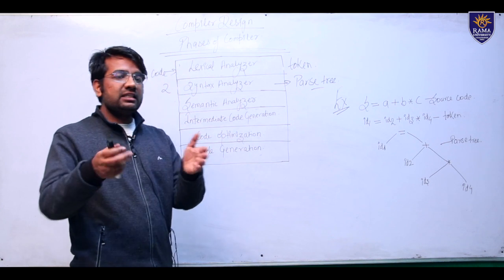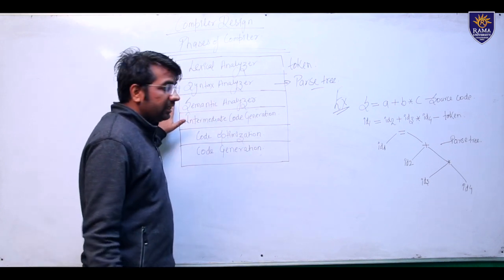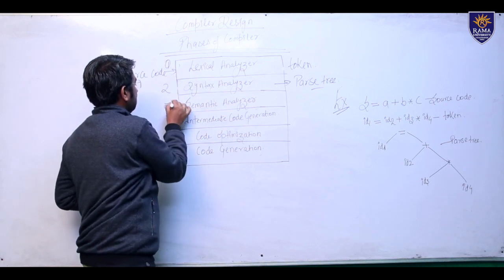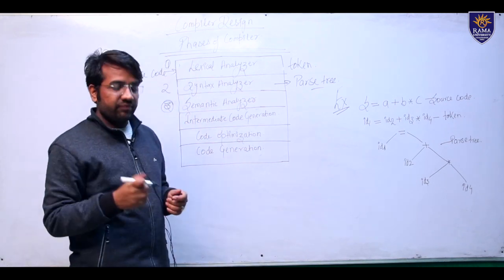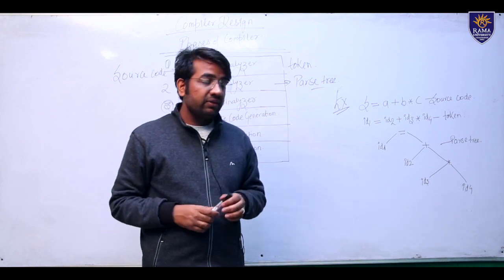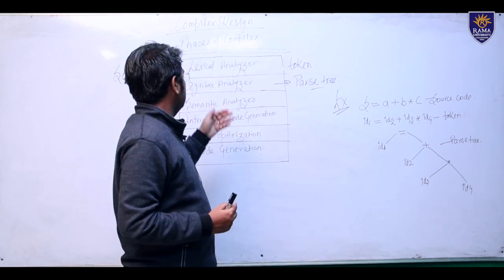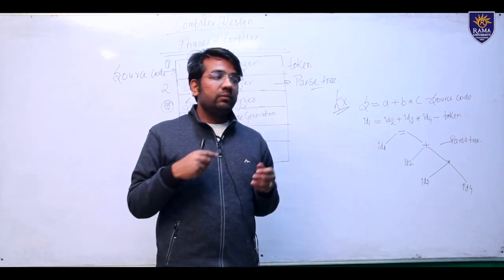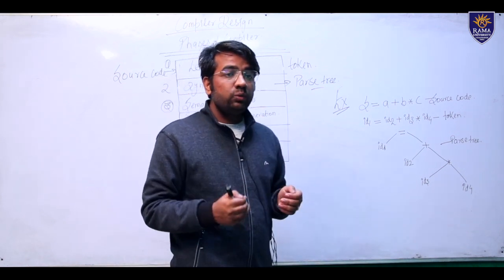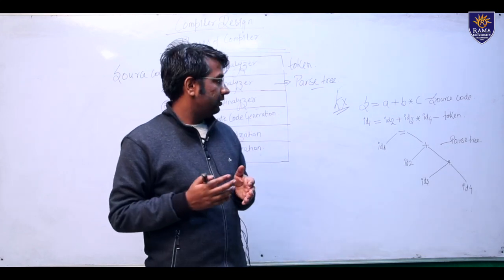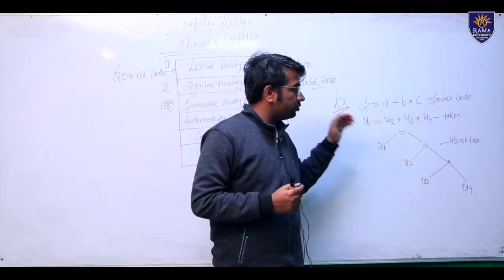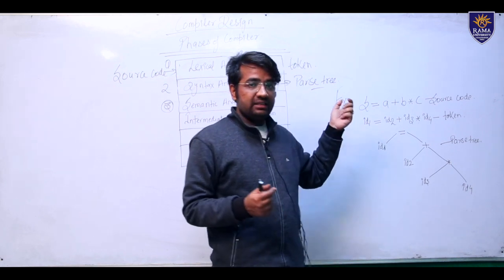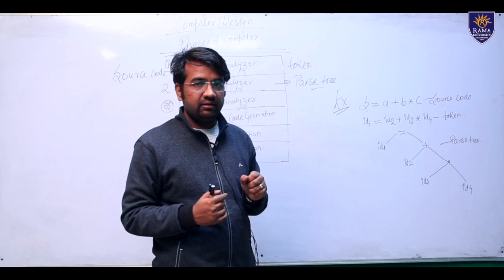After creating this parse tree, the third phase is the semantic analyzer. In this semantic analyzer, the parse tree that comes from the syntax analyzer is converted into a meaningful form. Means the source code identifies the meaning of each operator and operand.